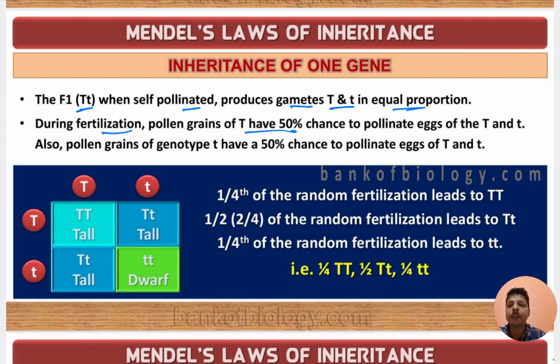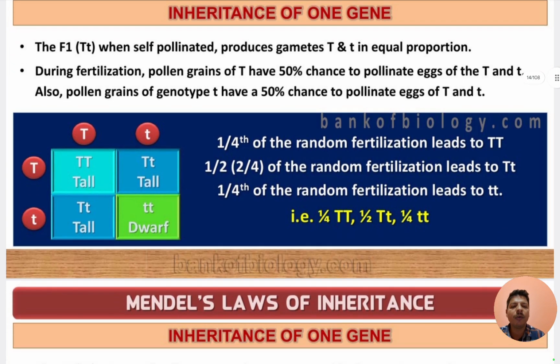T and small t. Also pollen grains of genotype small t have a 50% chance to pollinate eggs of capital T and small t. So here you can see 1/4 of the random fertilization leads to capital T capital T, half of the random fertilization leads to capital T small t, and 1/4 leads to small t small t.